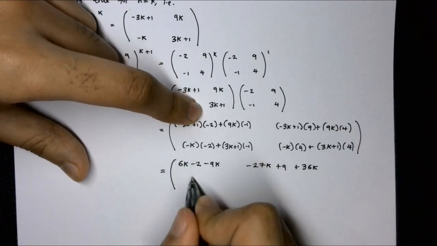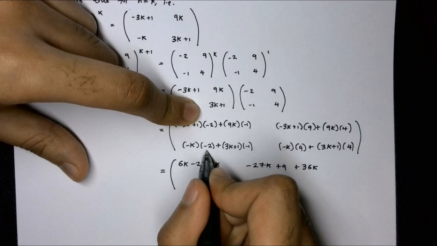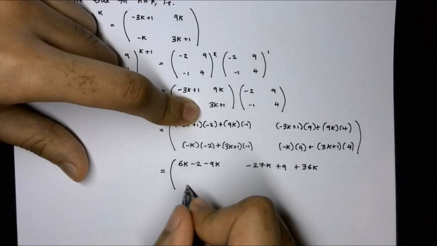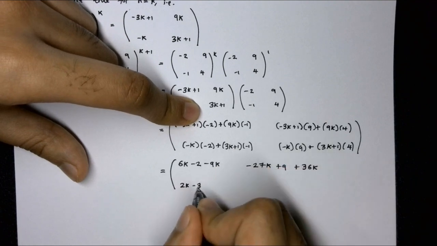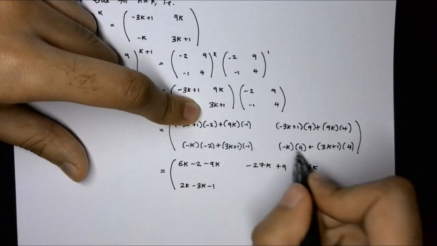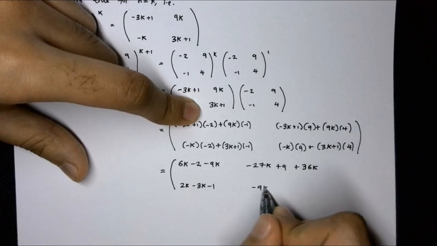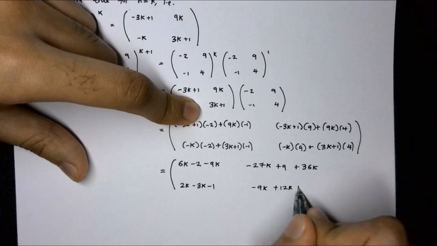Here we've got minus k times by minus 2, that's positive 2k. And then here we've got 3k times minus 1, so that's minus 3k. And then here we've got 1 times minus 1, that's minus 1. Here we've got minus 9k. And then we've got 12k plus 4.